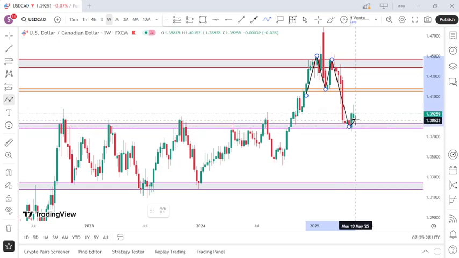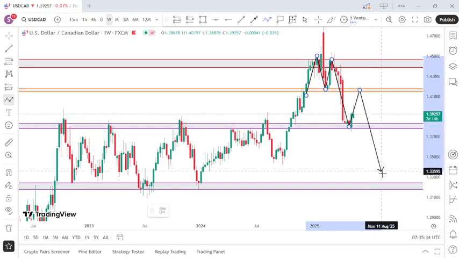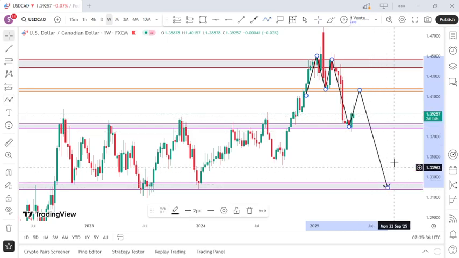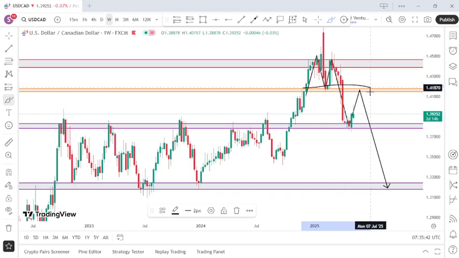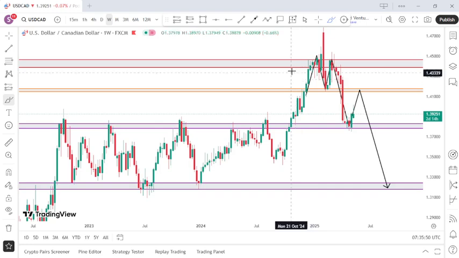So what we are expecting is price to go for a lower high, then probably drop to the downside because of what we saw on the 3 month time frame. We saw that price has started a resistance at the 3 month time frame. So we are expecting price to drop to the downside.